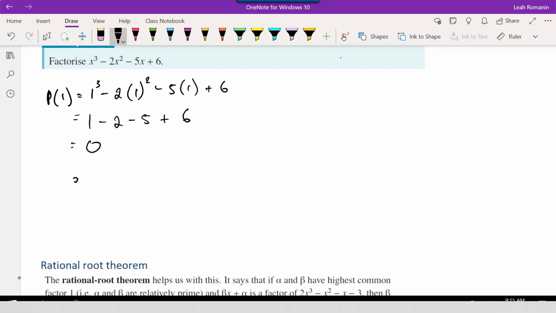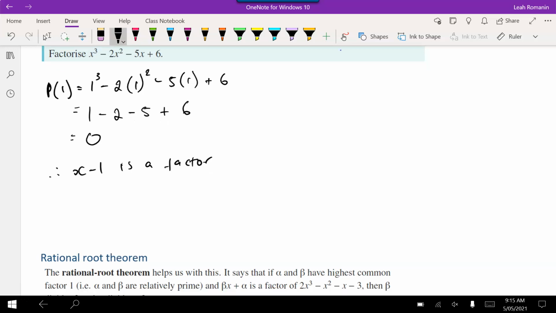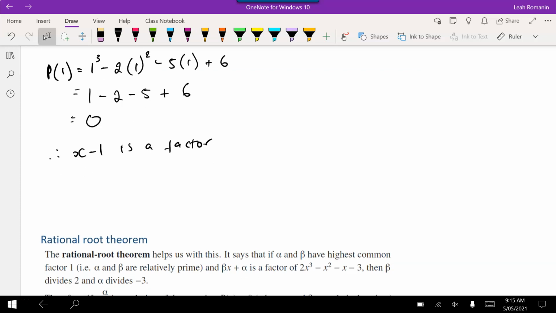So therefore x minus 1 is a factor, because remembering alpha, it's x minus alpha, that's our general equation. So if you substitute in a negative, then it becomes x plus alpha if alpha is a negative. So I found my factor.